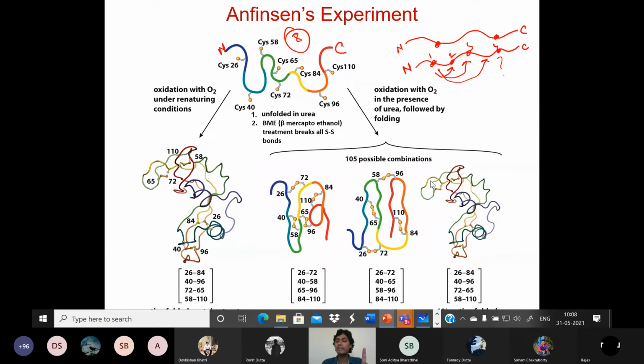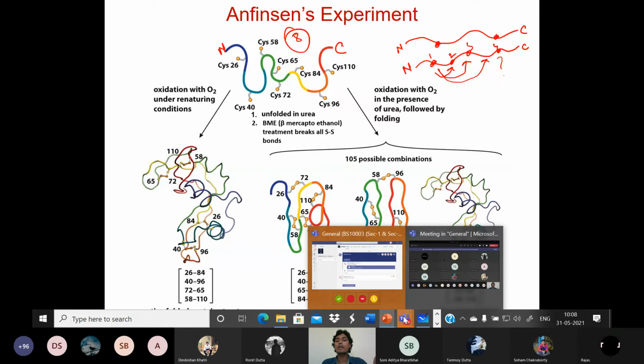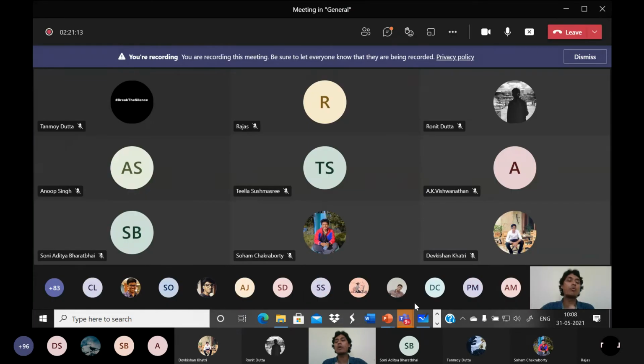Out of those 105 conformations, only one is right. That's why I'm saying approximately 1% are active. But tell me why this 1% is coming, why these 105 conformations are coming.